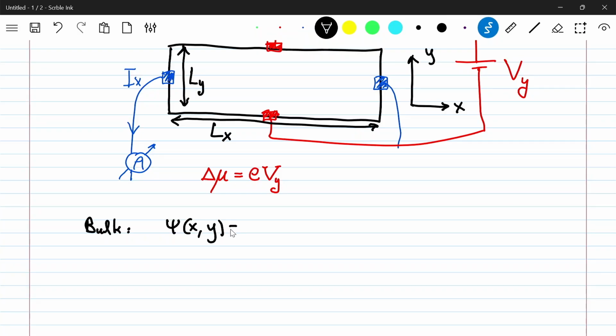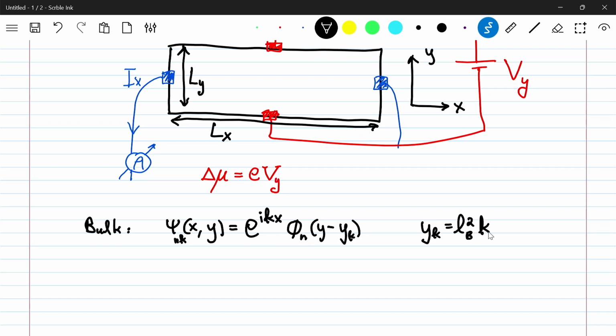We have wave functions that, within the gauge choice that I introduced for the magnetic field, are free waves in the x direction, but harmonic oscillator states localized near guiding centers yk, where yk is the magnetic length squared times k.